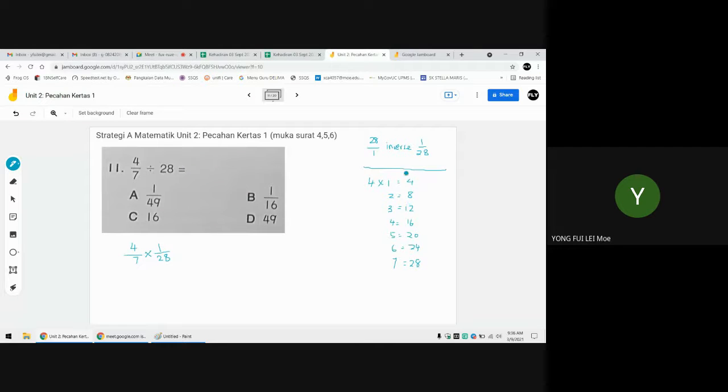So you look at this, 4 and 28. So 4, 1 and 4, 7. 4 times 1, 4. 4 times 7, 28. So these are the simplest fractions. So multiply directly. 1 times 1, 1. 7 times 7, 49. So your answer is A again.